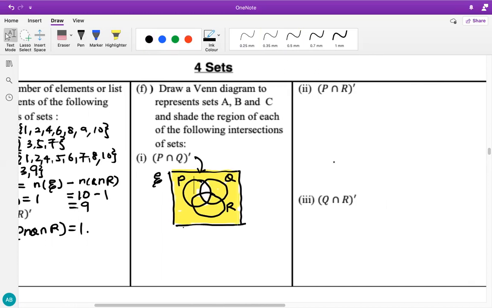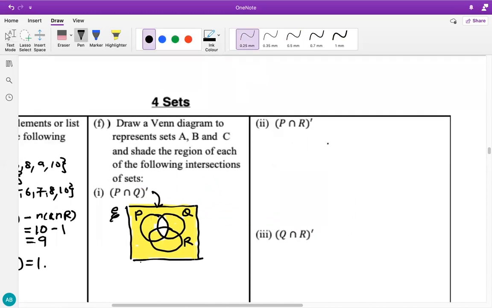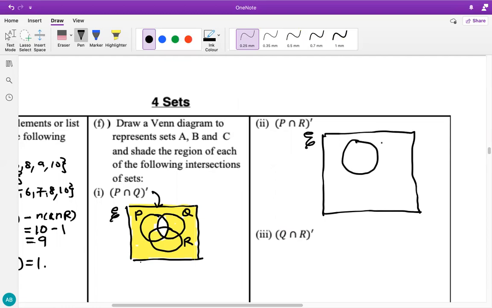Then we go to P intersect R prime. Okay, the same thing.